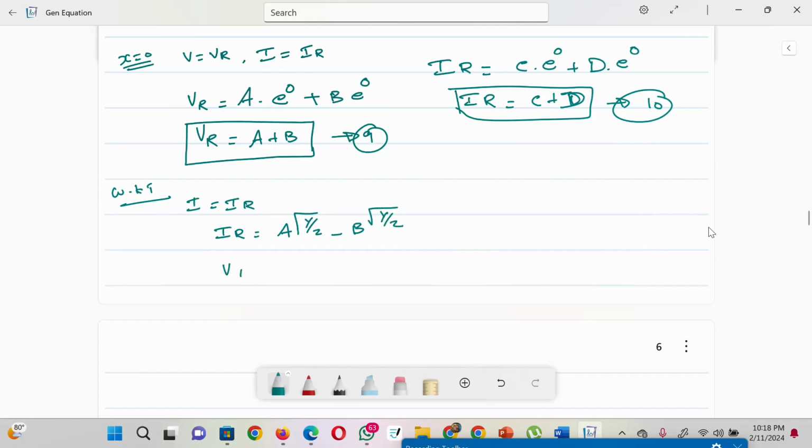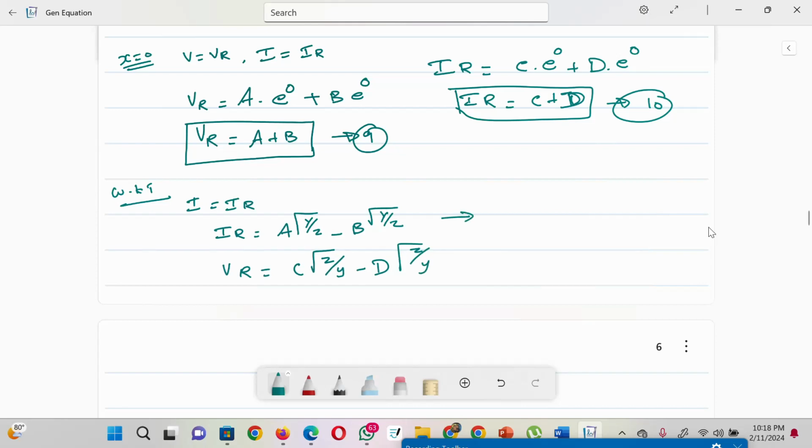And VR equal to, similarly, C into root of z by y minus d into root of z by y.